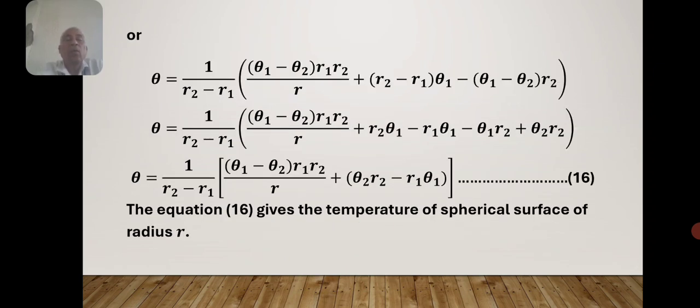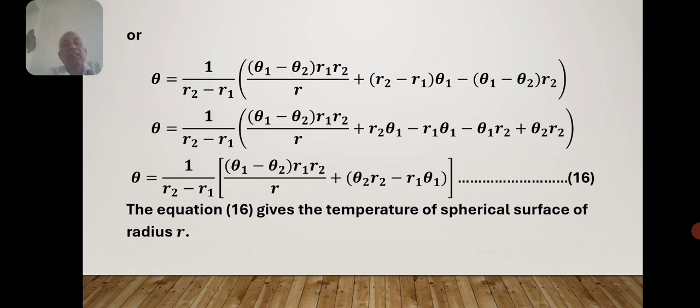Now solving this equation and taking 1 upon r2 minus r1 common, we get theta equals 1 upon r2 minus r1 into the bracket theta 1 minus theta 2 r1 r2 upon r plus r2 minus r1 into theta 1 minus theta 1 minus theta 2 into r2.